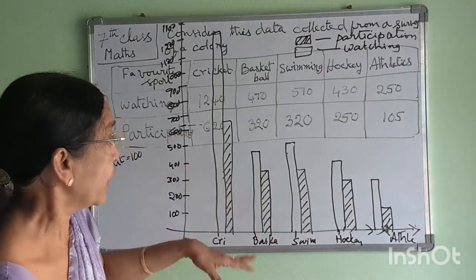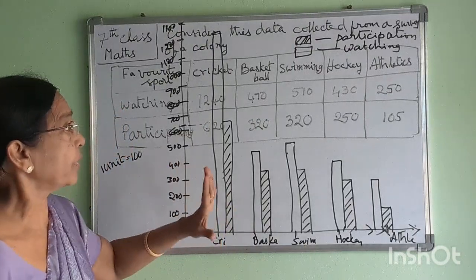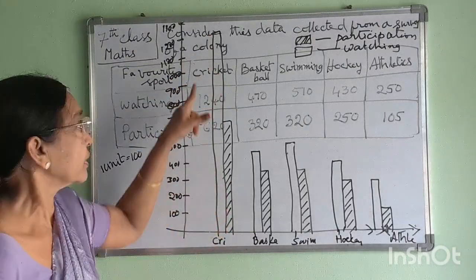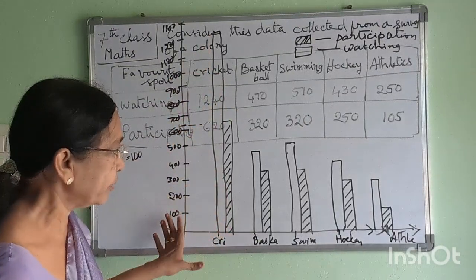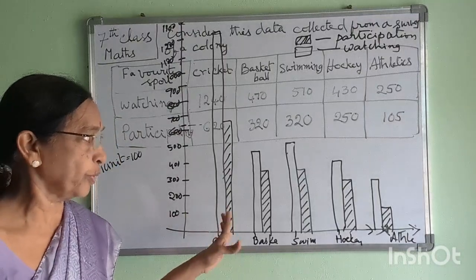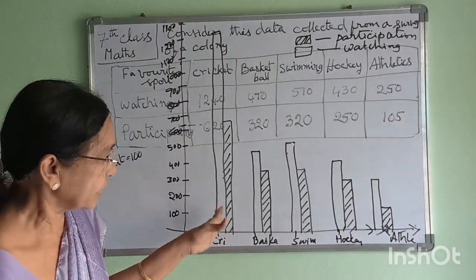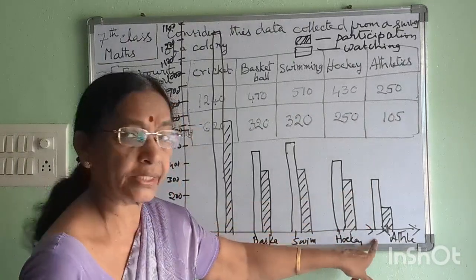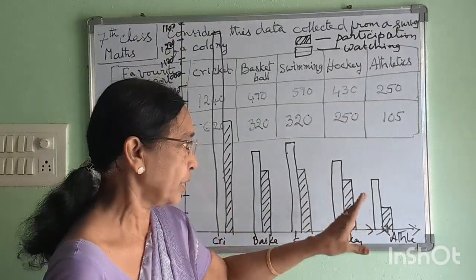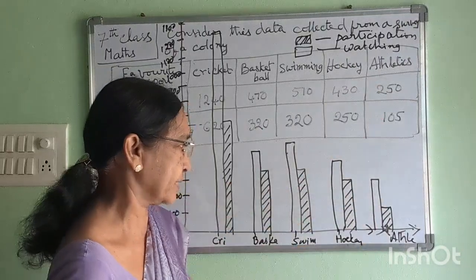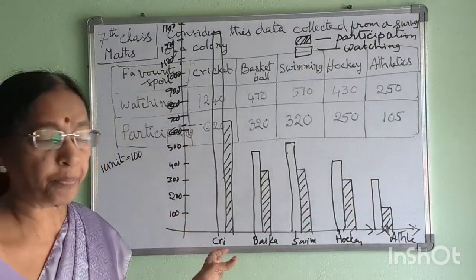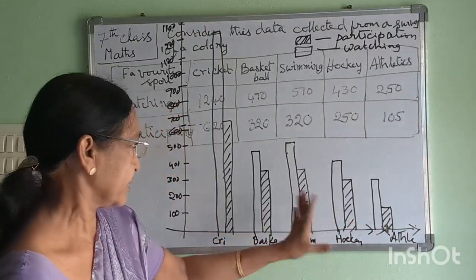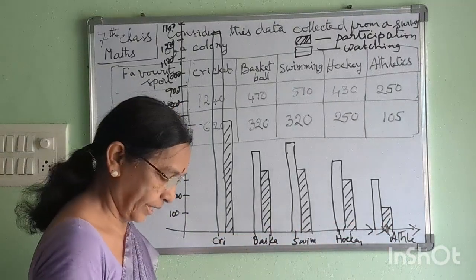The maximum number of people watch cricket, because this bar is tallest, and the minimum number of people watch athletics. The minimum number of participants is also in athletics. So this is the comparison.